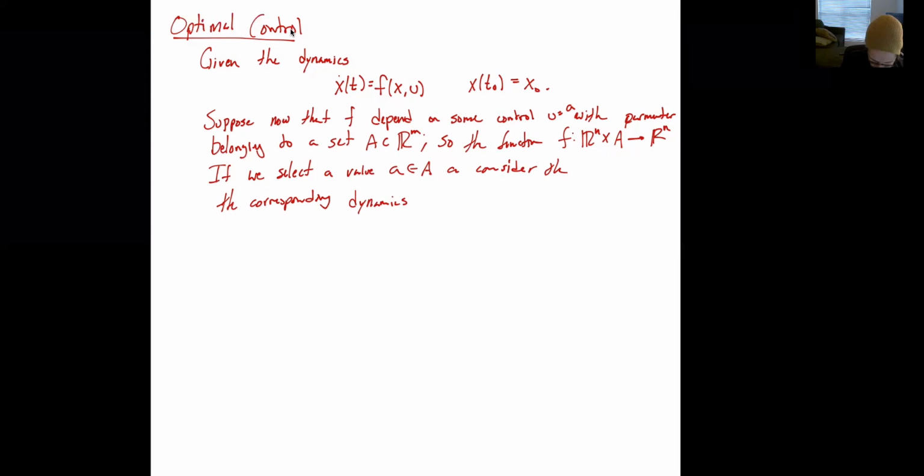We get x dot of t is equal to f of x and a with initial conditions at x naught. All right, so I'd note that a is just a scalar value here.